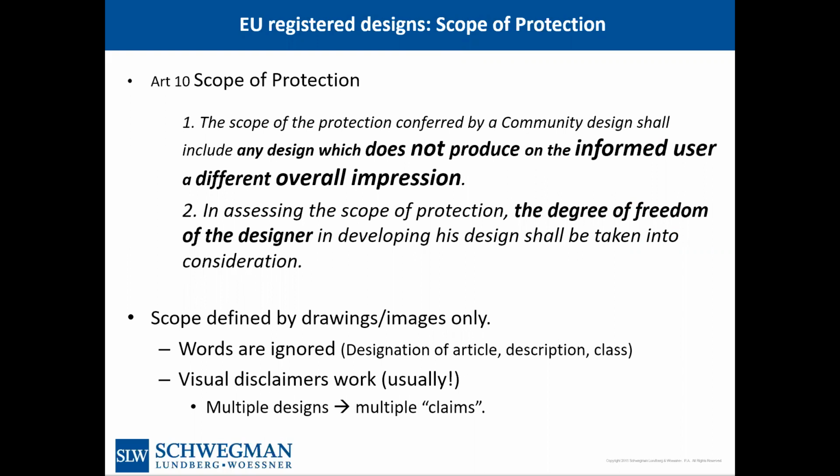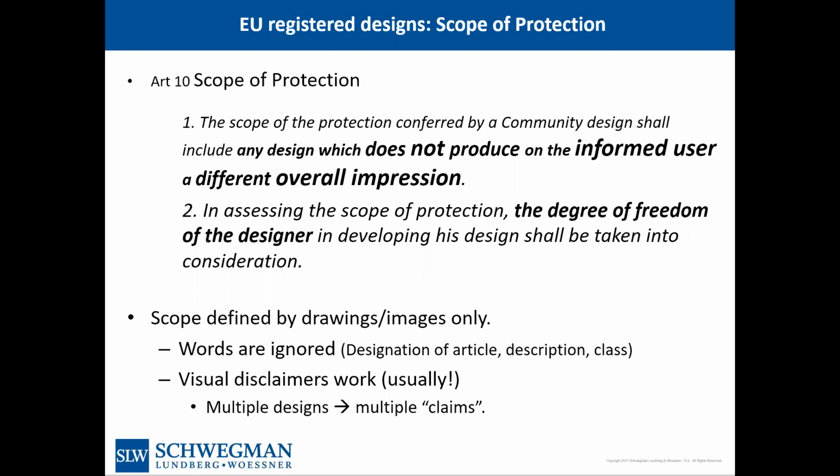So the scope of protection for infringement purposes as well as for individual character is expressed in terms of any design which does not produce on the informed user a different overall impression. And again, in assessing the scope of protection, the degree of freedom of the designer shall be taken into consideration.